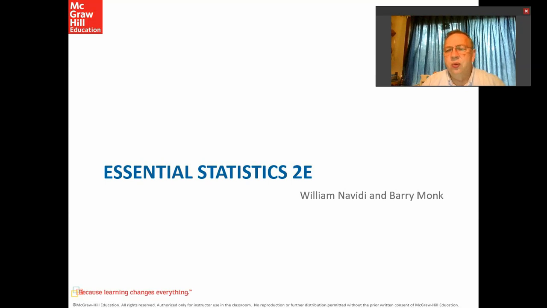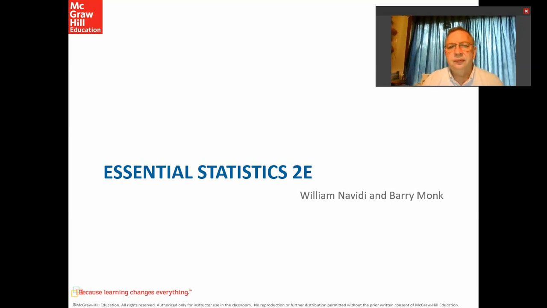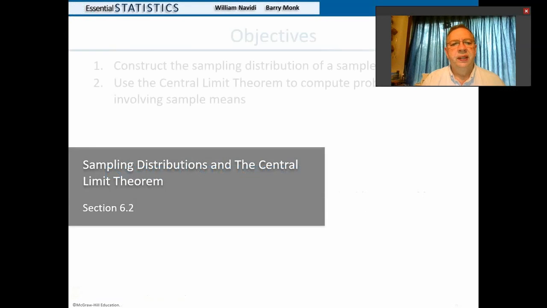In 6.2, we're going to look at if we go out and grab a sample and then take the mean of the sample, how does that mean compare to other means? Can we calculate a probability based on that? So it turns out we can.